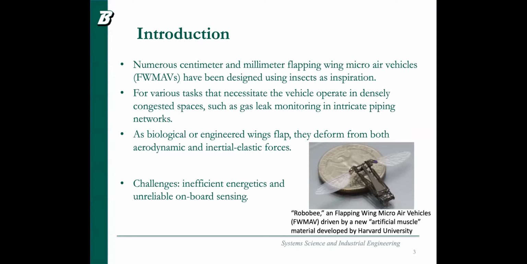But think about the actual birds, butterflies, insects. All of them have flapping wings because they are biologically efficient, energy efficient. So the wing is actually one of the challenges to reduce the energy consumption of these flapping wing micro air vehicles.